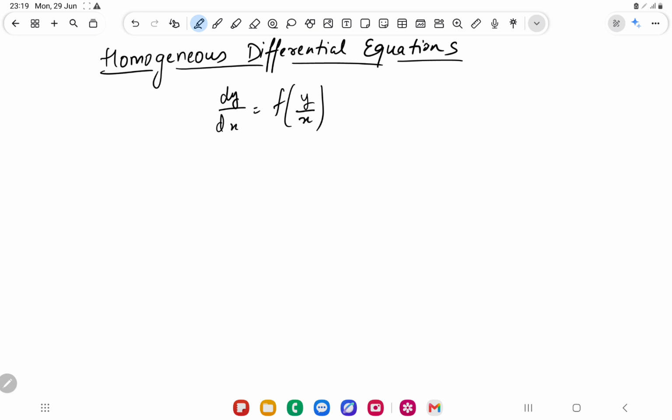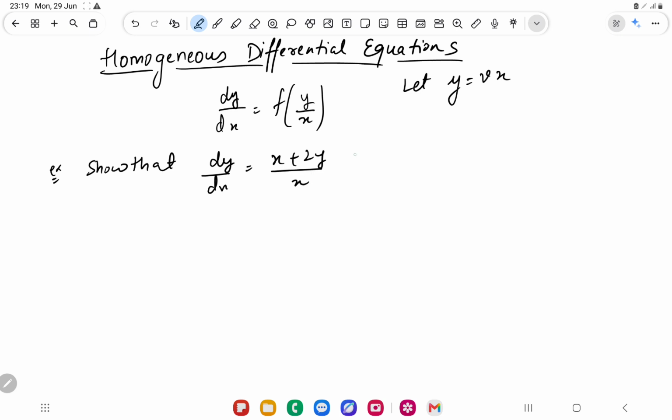And the trick to solve this is, we will always assume y is equal to vx and then we will solve. So let's take an example. The question is, show that dy by dx is equal to x plus 2y upon x is homogeneous.